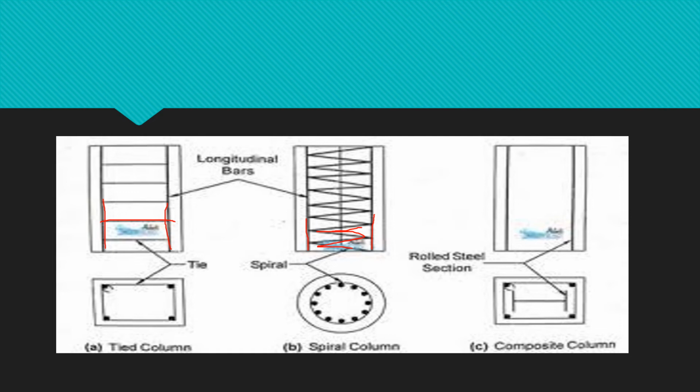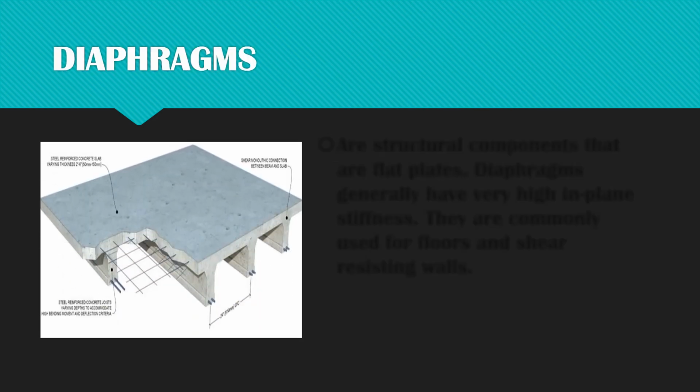Next is composite columns. A composite column is the combination of a tied or a spiral column with a structural steel shape. As you can see in the picture, here is the structural steel shape and the tied column. Next is diaphragms.